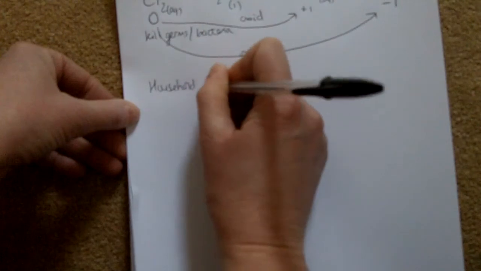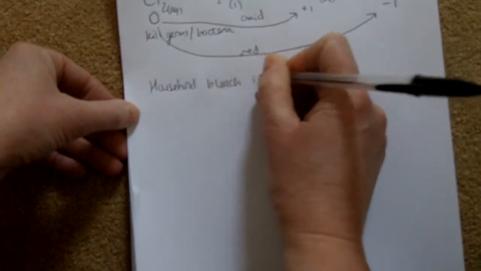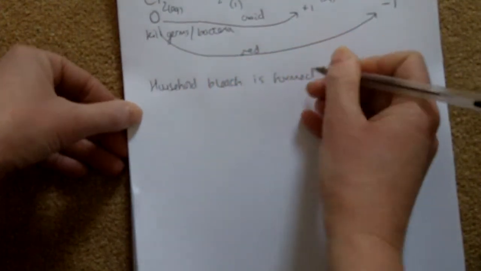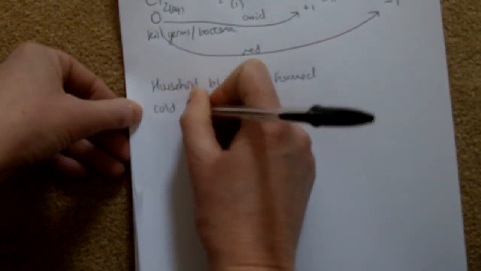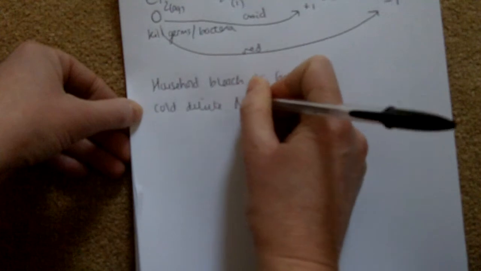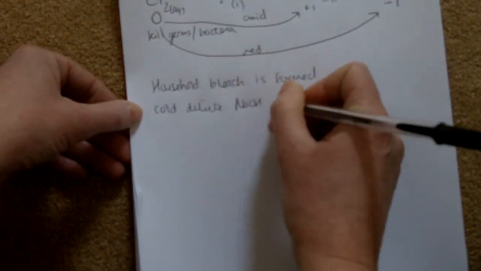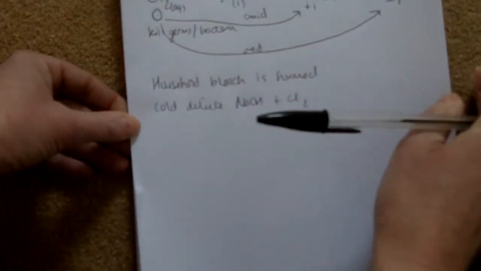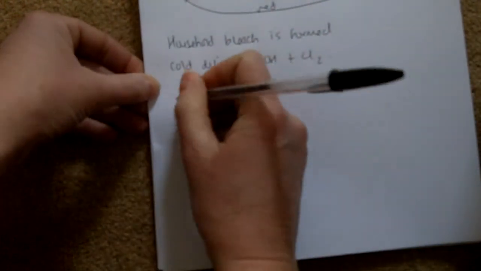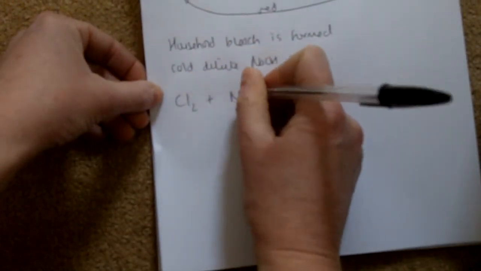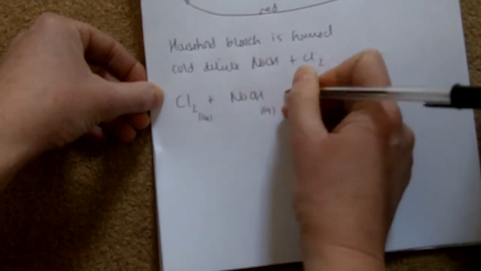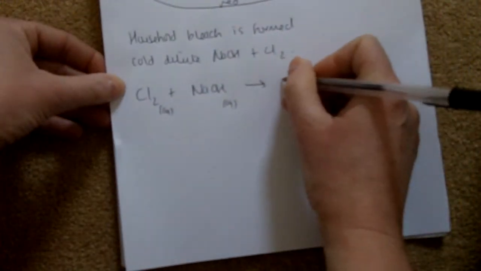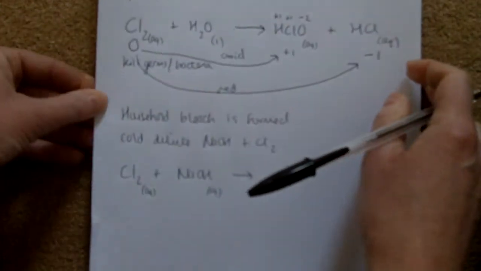Another example of this is when household bleach is made. Bleach, used for cleaning things, is formed when cold dilute sodium hydroxide and chlorine are reacted together. Cold dilute. So if you take chlorine and sodium hydroxide, aqueous, it's very similar to the top one.